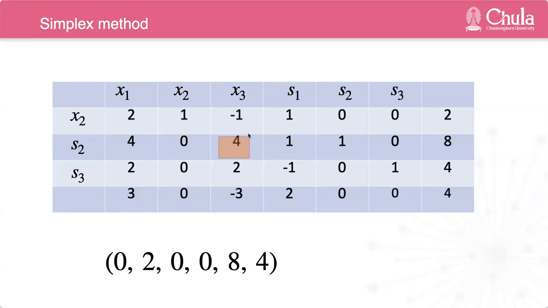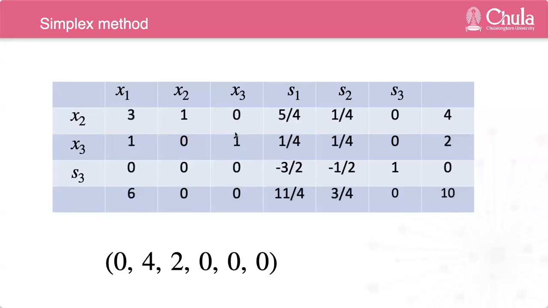So we transform. We render it such that this element 0. This one is 1, 0, 0. We perform row operation again. It's 0, 1, 0, 0. Okay. So the current point is 0 because x1 is non-basic variable, right?